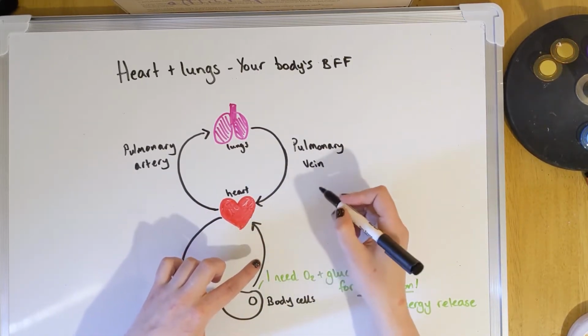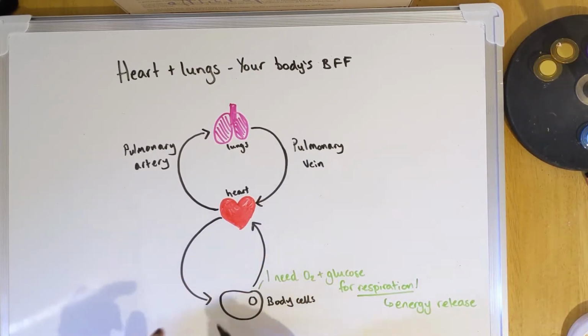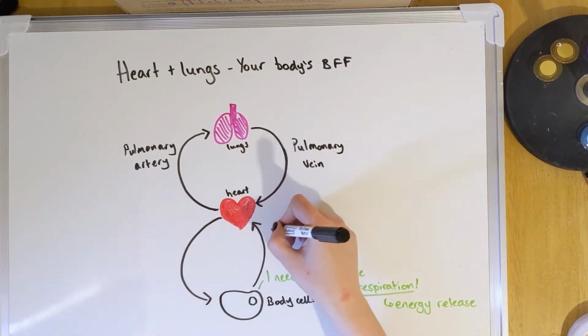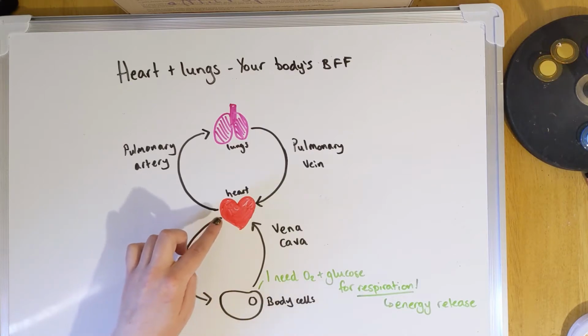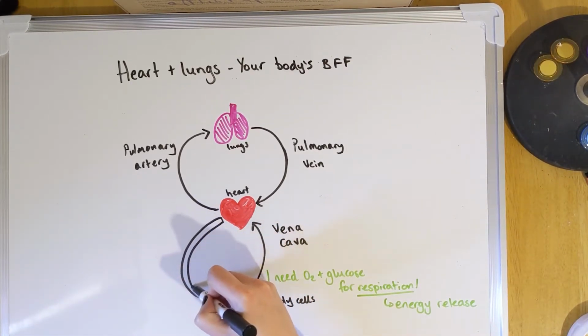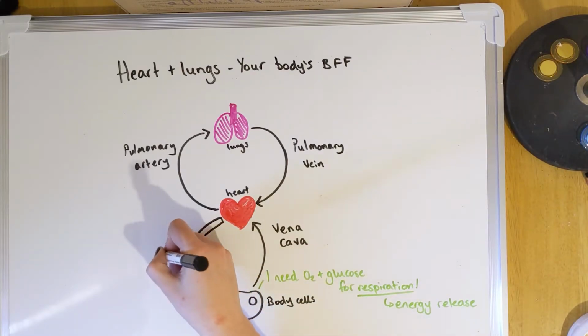So again, veins bring blood in. There is no special name for body, so it's the vena cava. And then on the other side, we've got the largest blood vessel. We could draw a thicker arrow to show that that's the largest, if you wish. This is going to be our aorta.